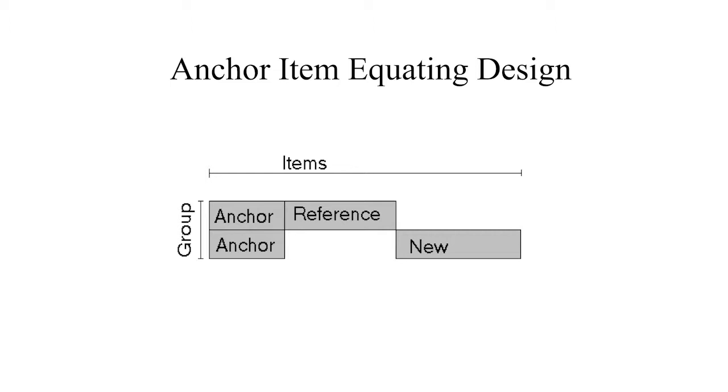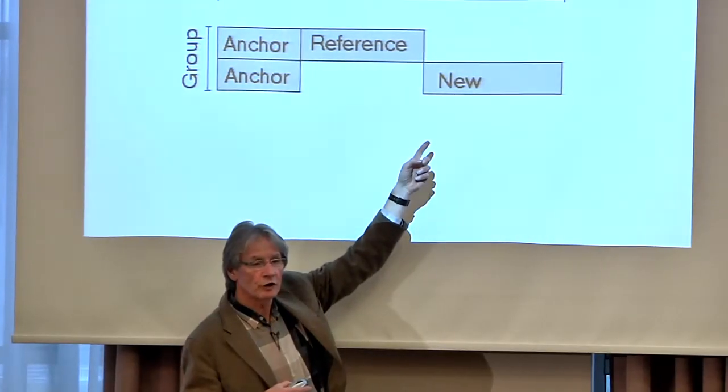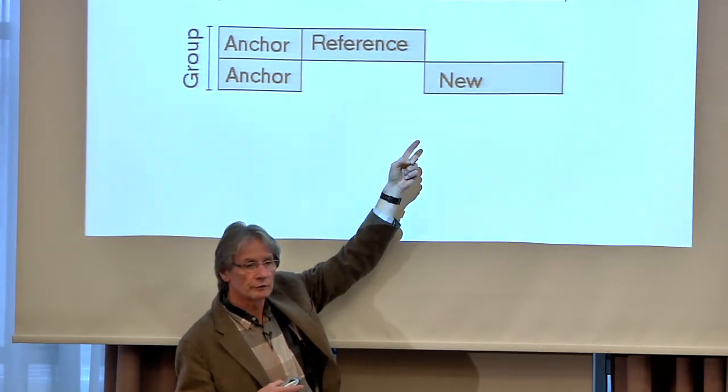Rows are students and the columns are the items. We have a reference examination, so there's a set of items which is, say, year 0, and we have a new examination, say this is year 2, and the data from these two blocks are in principle not linked.